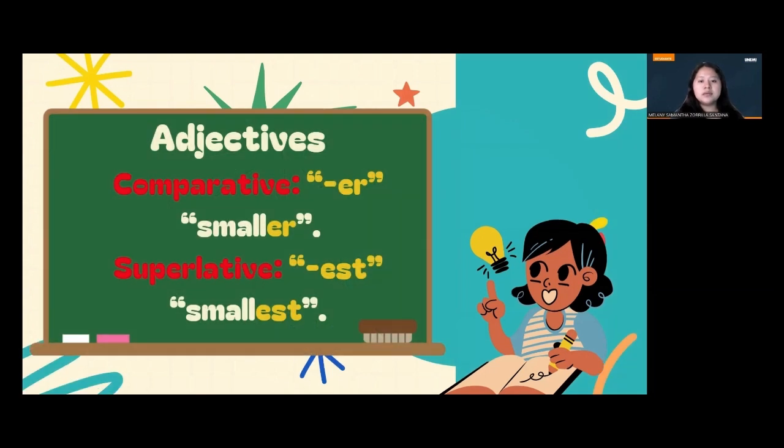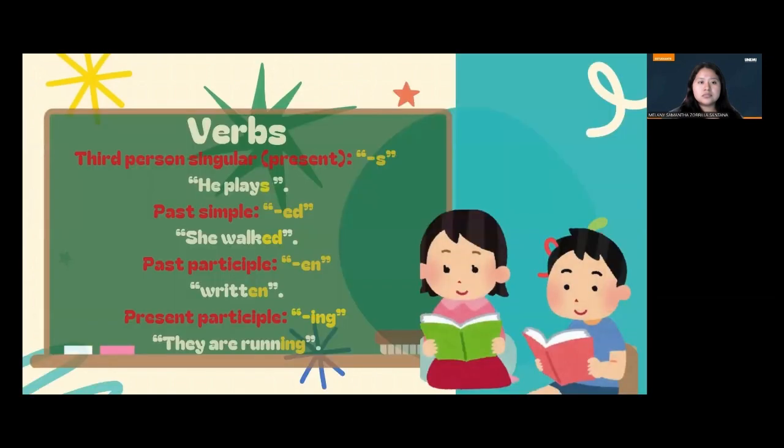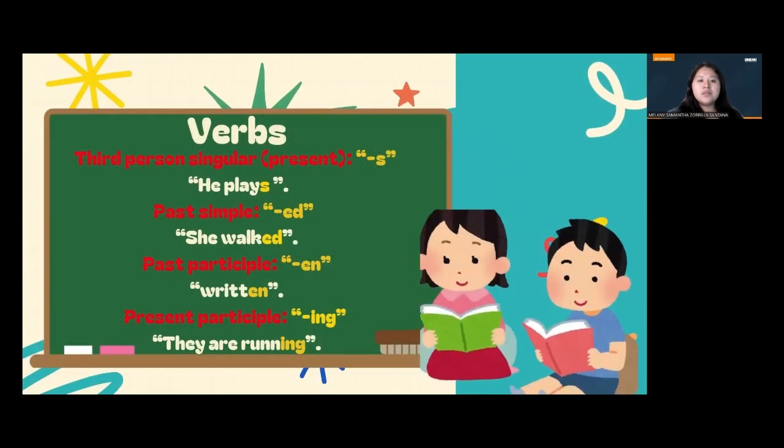Adjective: comparative er, example, smaller; superlative est, example, smallest. Verbs: third person singular present s, example, she plays; past simple ed, example, he walked; past participle, and she writes; present participle ing, example, they are running.